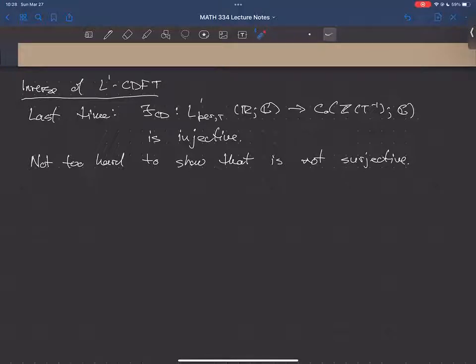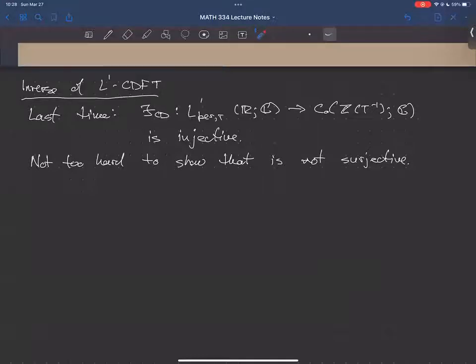You can show this in one of two ways. One way is to actually put together a discrete frequency signal which you somehow show is not in the image of the CDFT. And then there's a more abstract way to do it, using a little bit of functional analysis.